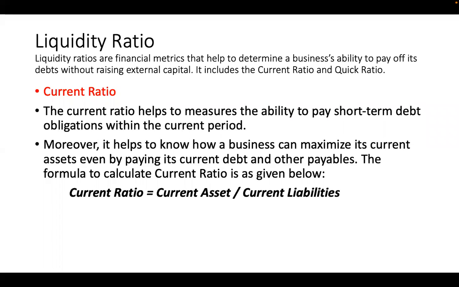The liquidity ratio should be such that the company can pay its debts without raising external capital from outsiders, like taking loans. It includes the current ratio and the quick ratio.